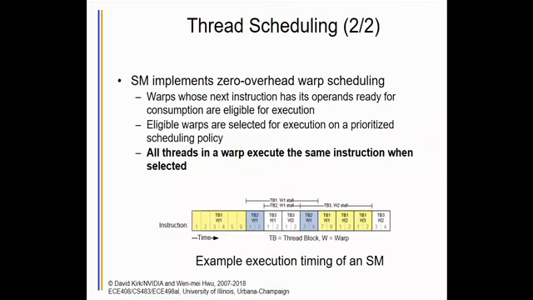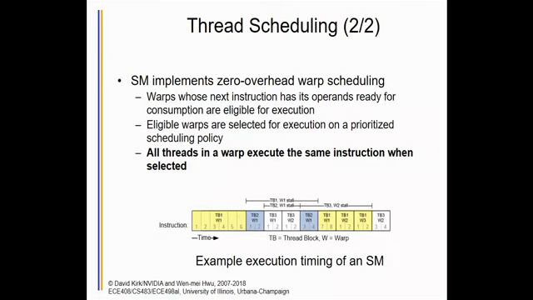You're also going to look at the operands for those instructions, and the hardware will tell you whether those operands are ready for access. Because some of the threads may be consuming memory access data, a load instruction's data, and that may take hundreds of cycles.